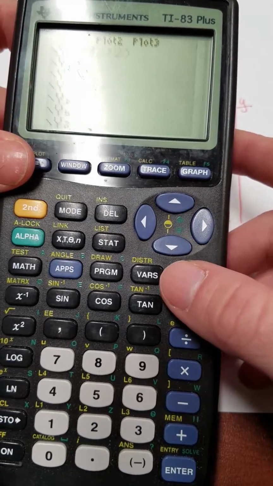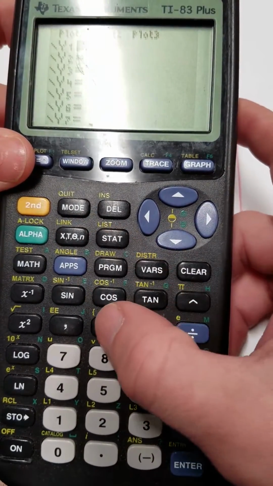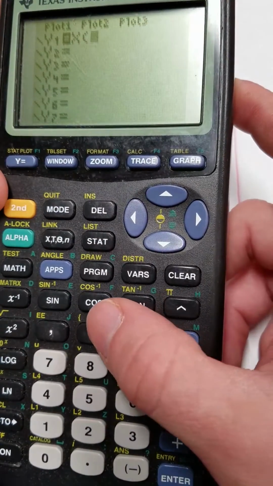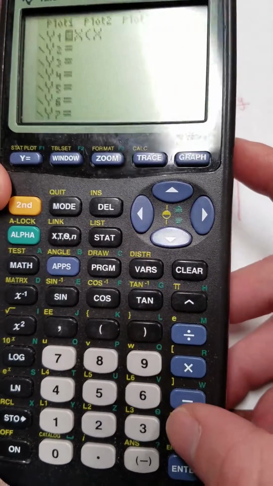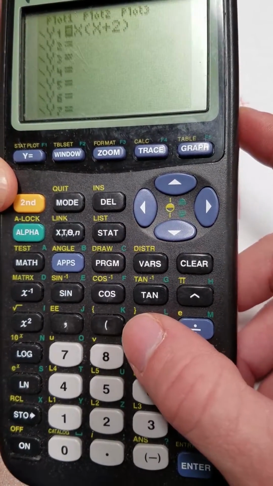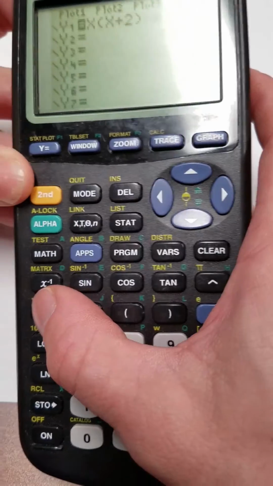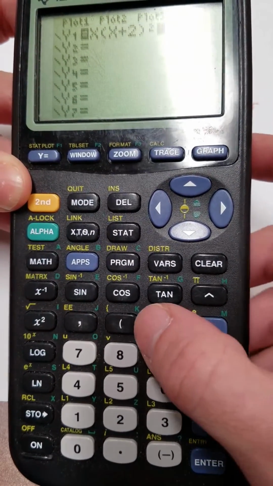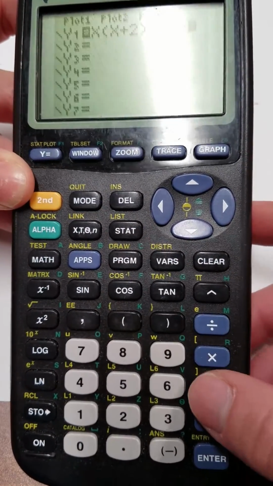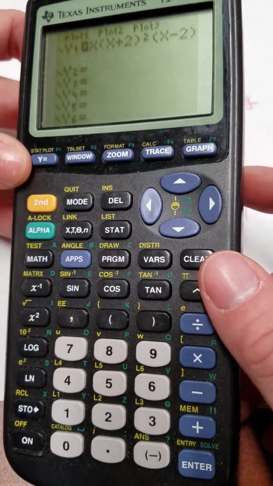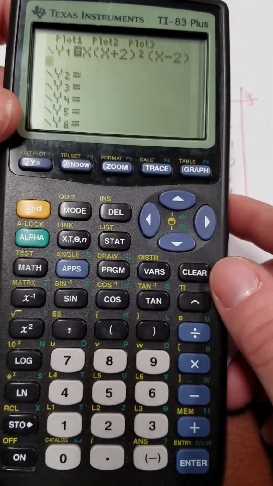Okay, so let's try this again. x, parentheses, x plus 2. Now I have to hit squared. My squared button is right there. And then I also have x minus 2. All right, so now you can see how the thing's typed in.